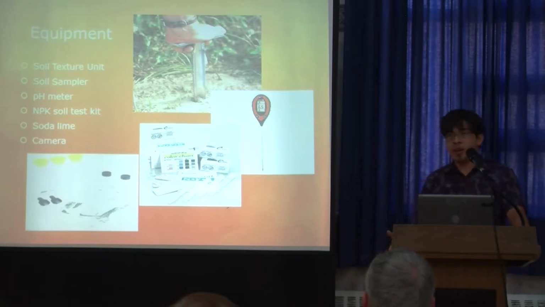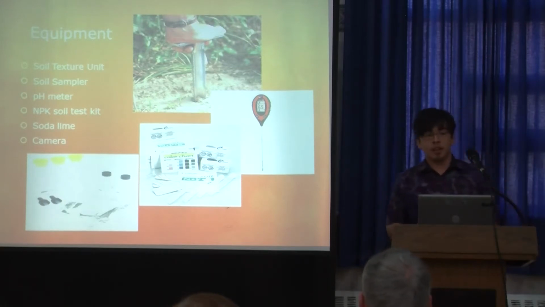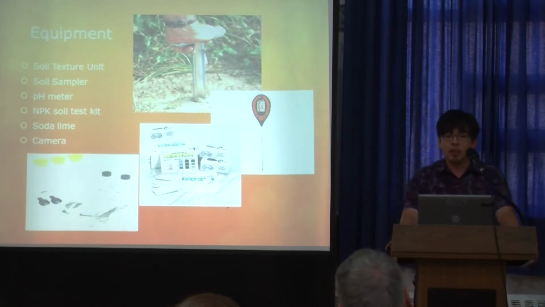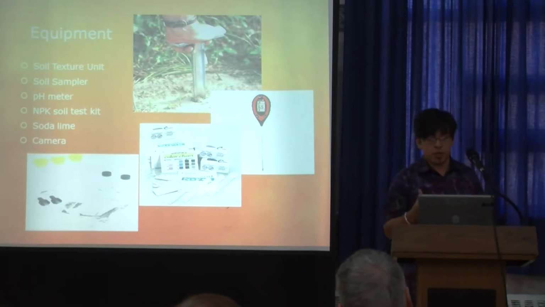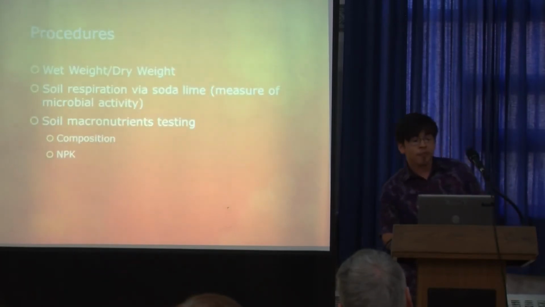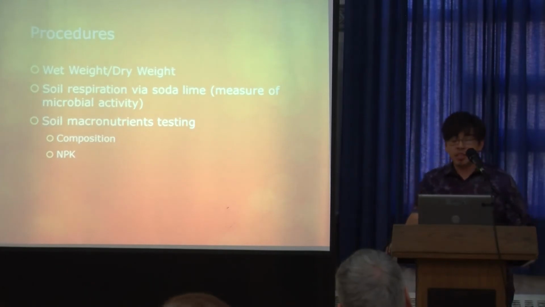Also, I would use baggies to seal the soil after taking the sample from the sites. And I also would use jars and lids to simulate a closed environment, which I would use with soda lime.